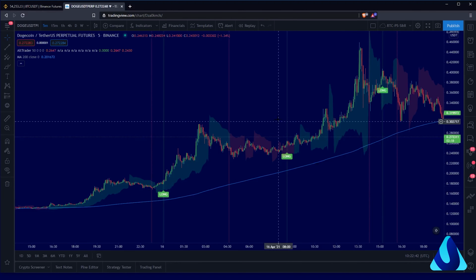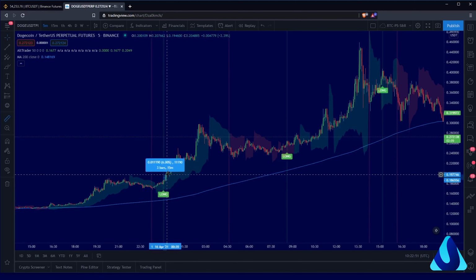So if we see the most action start here around the 16th, and again with us looking for 5% moves, you can see how within the space of 20 minutes, 10 minutes, that would have hit.